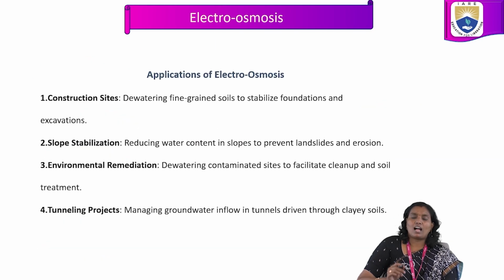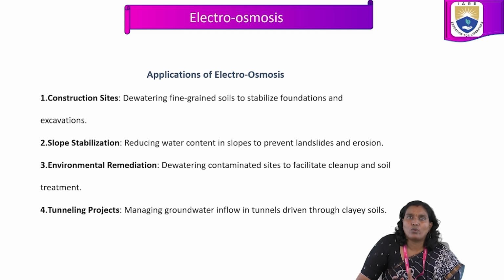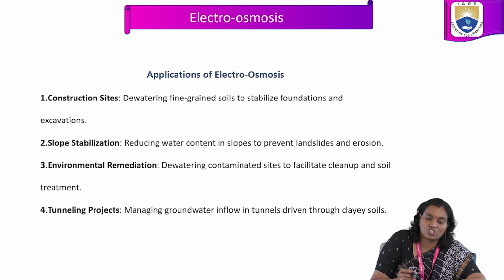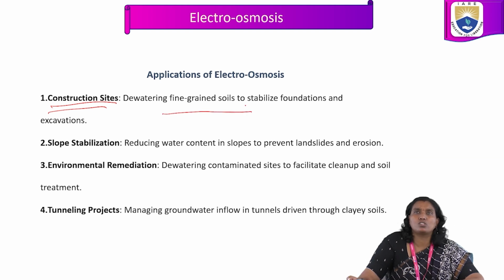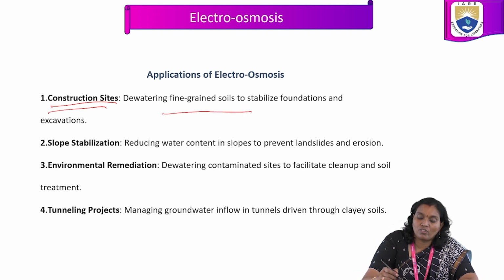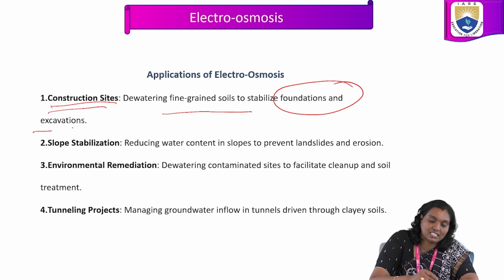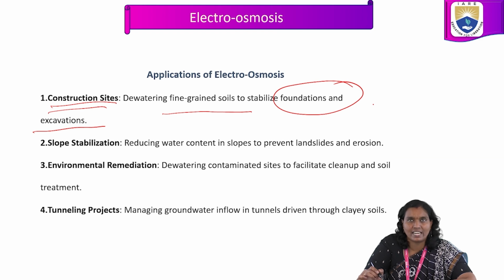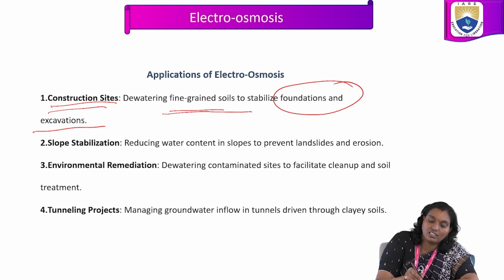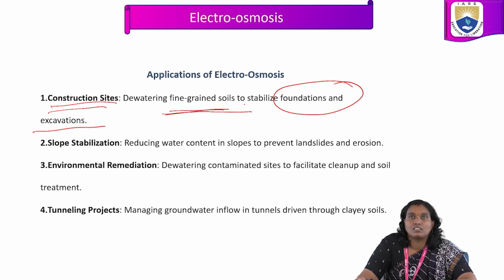The next one is applications of electro osmosis. Where are we going to apply electro osmosis? The first is construction sites: dewatering of fine grained soils to stabilize foundations as well as excavation. As civil engineers, we need to understand this.